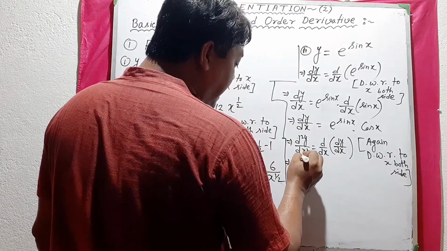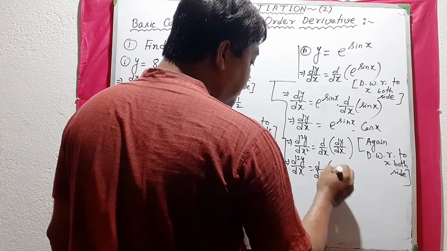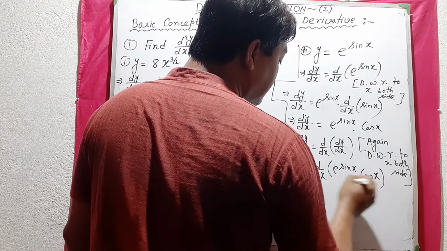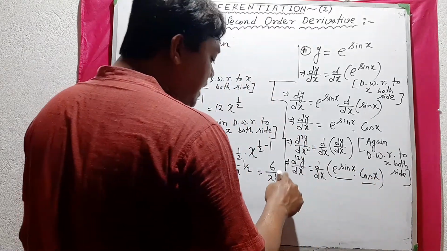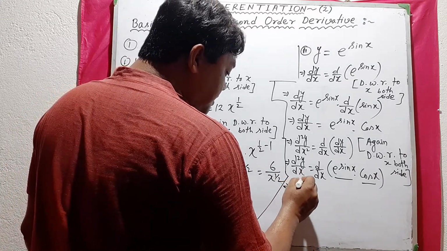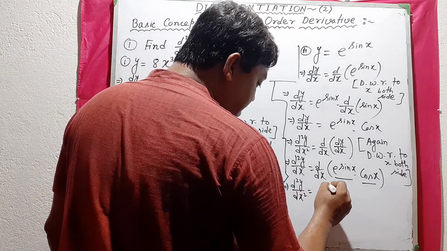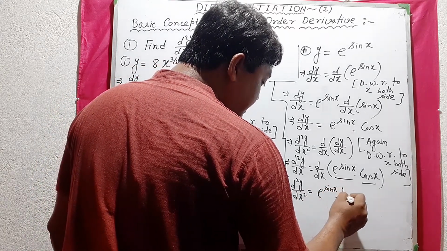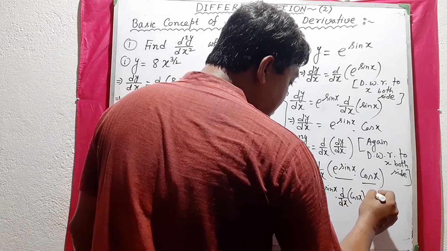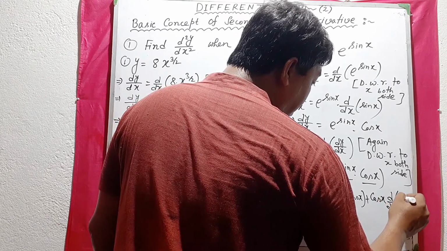We have already calculated, d2y/dx2 equals d/dx of e to the power sin x into cosine x. We'll apply the u into v rule. So d2y/dx2 equals e to the power sin x d/dx of cosine x plus cosine x d/dx of e to the power sin x.